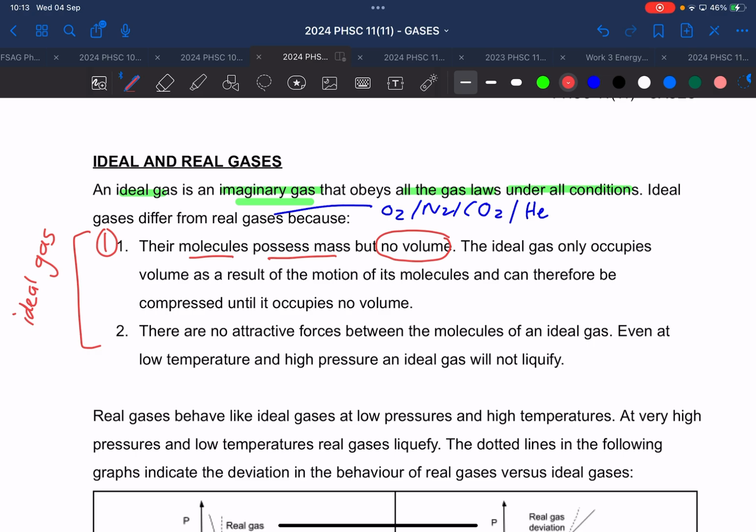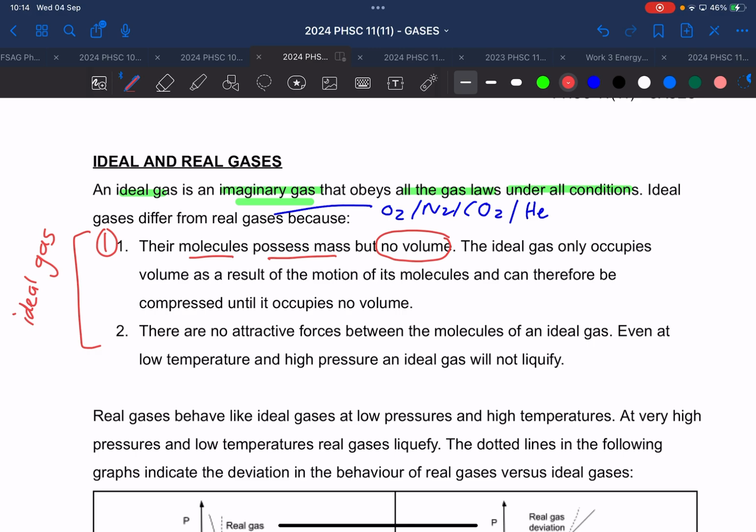So here I have a plastic bag. I fill it with air. Now it says there, if this was an ideal gas, a perfect gas, then it has mass. So if I put it on a very, very sensitive scale, it will weigh no mass, but it has no volume.